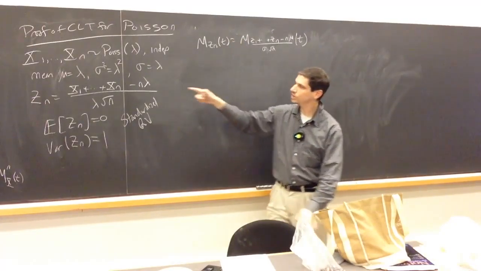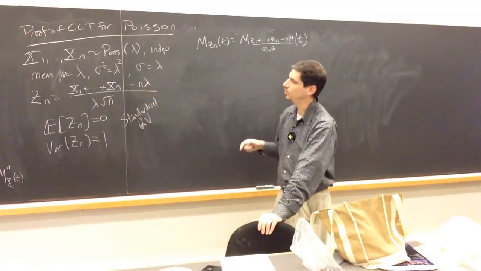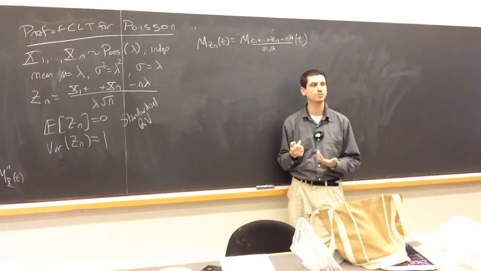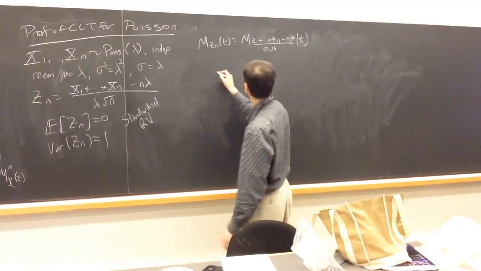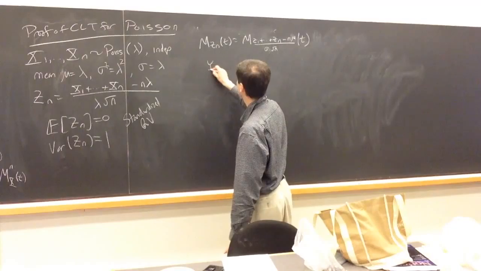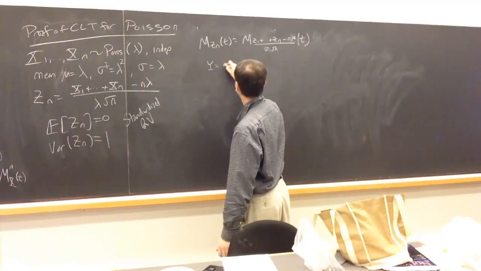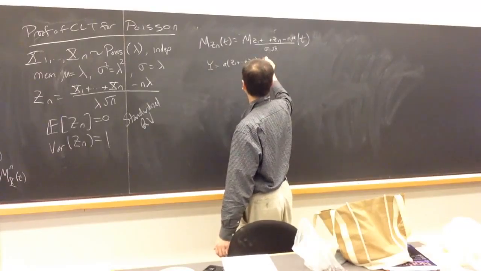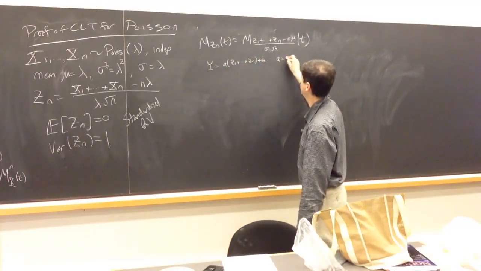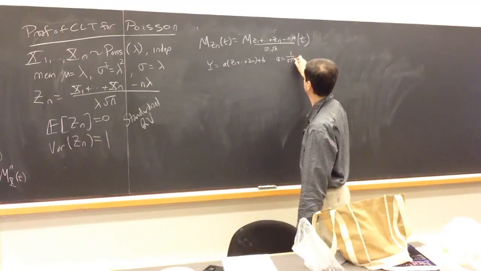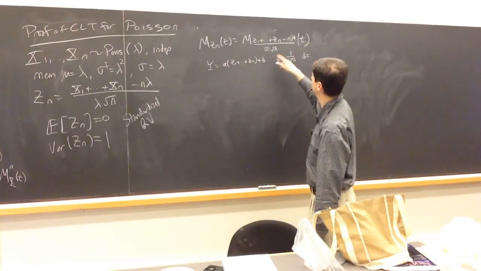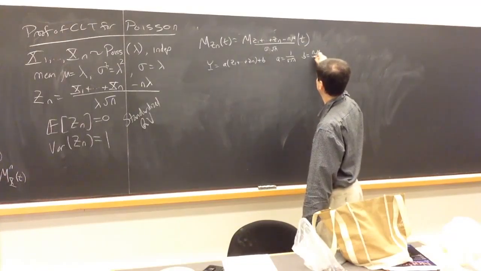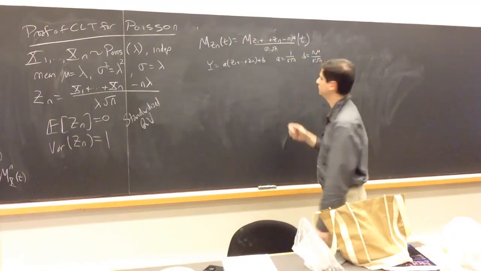Well, if we look at the first statement, if we have aX plus b, then the moment generating function of Y is simply related to the moment generating function of X. So here, if we want Y to be a times (X1 plus ... plus Xn) plus b, we would be taking a is 1 over sigma square root of n, and b would be minus n mu over sigma square root of n.